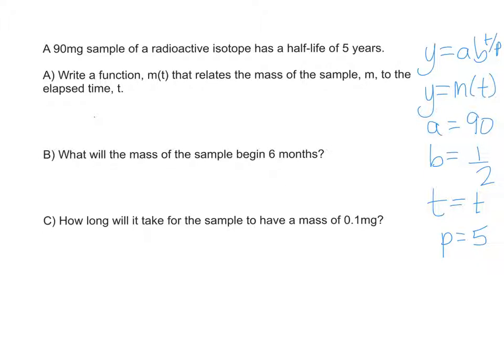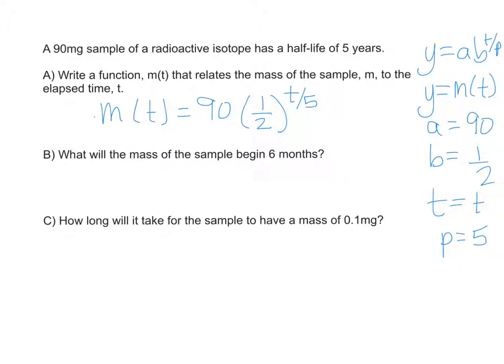Here we're measuring time in years. So now that we have everything, we can write it: m of t equals 90 times 1/2 to the power of t over 5. That's the function. Then we can use that to answer some questions like in b and c.